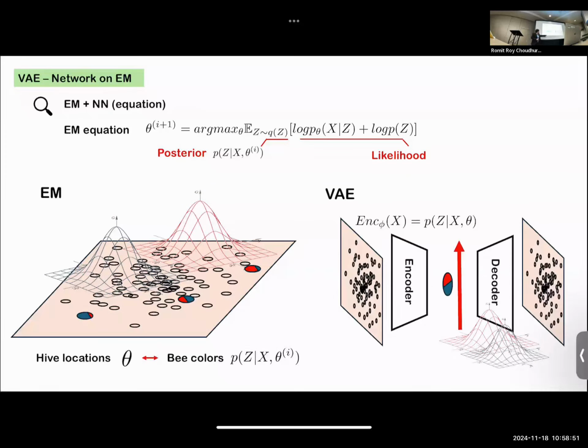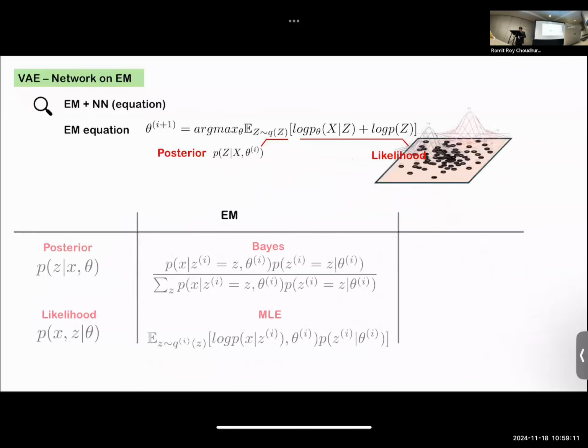The encoder is going to learn the colors, and the decoder is going to learn the beehive locations, such that your color and your hive location together can explain these images the best. And that's how we related EM to VAE.